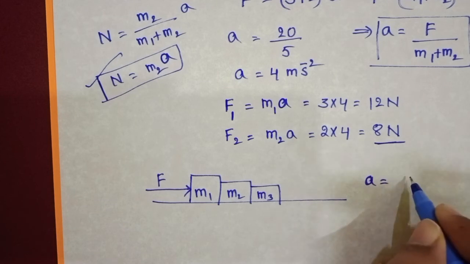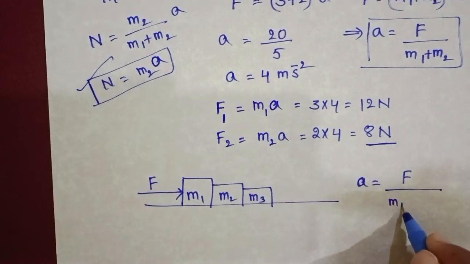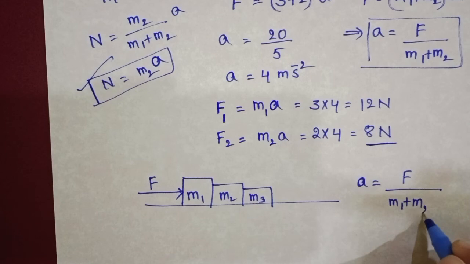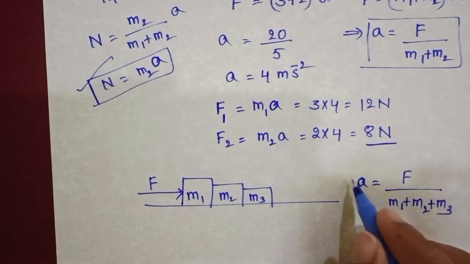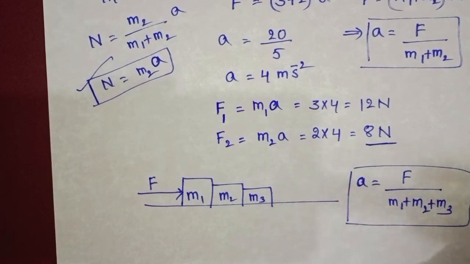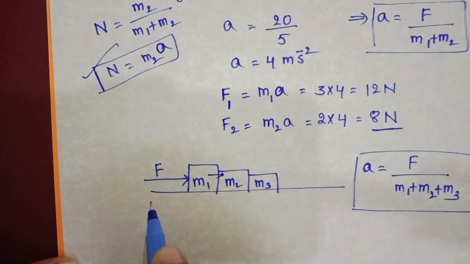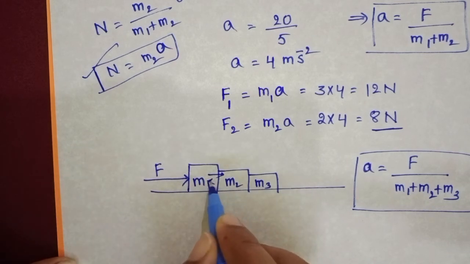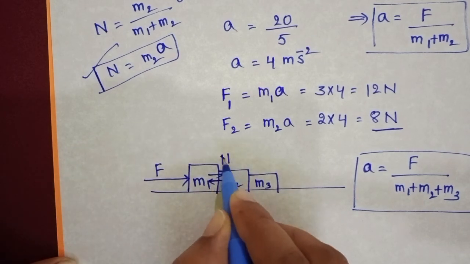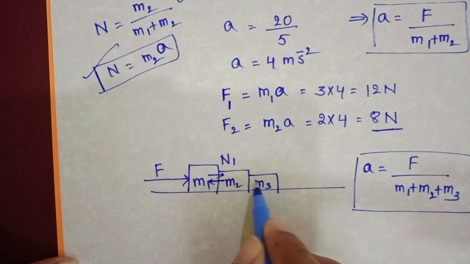A is equal to net force by total mass of the system, M1 plus M2 plus M3. This is the formula to find out the acceleration. So a contact force is developed between M1 and M2. At the same time, M2 also exerts a contact force on M1. Let it be N1. Same between M2 and M3.